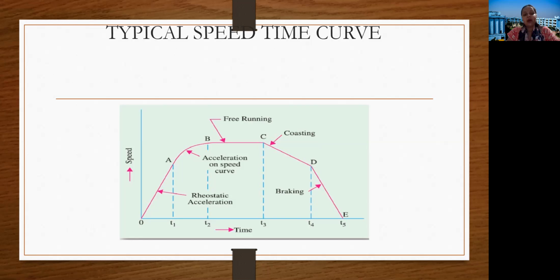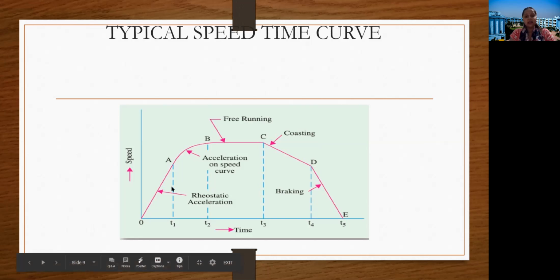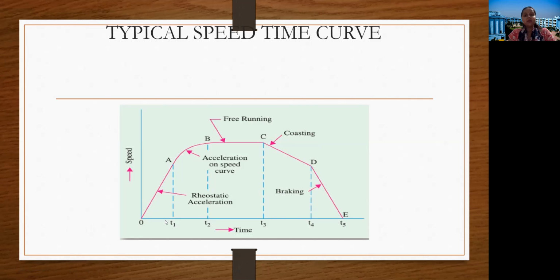Now come to the first part, rheostatic acceleration. This part is also known as notching. Okay. Now what is rheostatic acceleration? From the instant the locomotive gets started up to the instant t1, that is point A, this particular part is rheostatic acceleration. During this acceleration, when the supply is given, the motor gets accelerated through some notching, right?